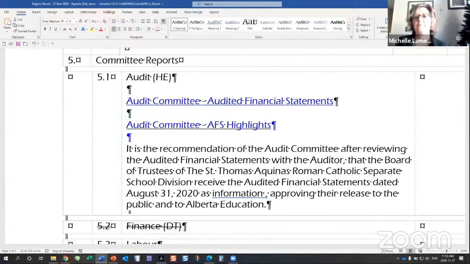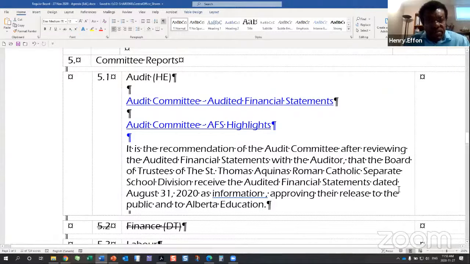Go ahead. That the Board of Trustees of St. Thomas Aquinas Roman Catholic Separate School Division receive the audited financial statement dated August 31st, 2020 as information and approve the release to the public and to Alberta Education.